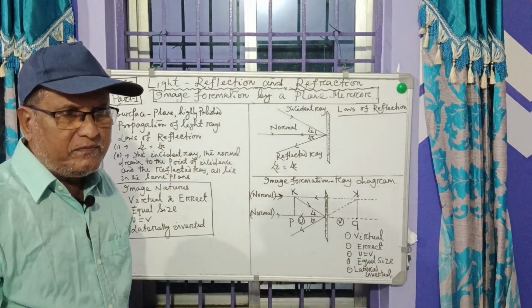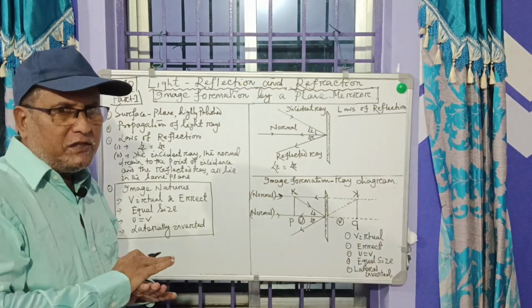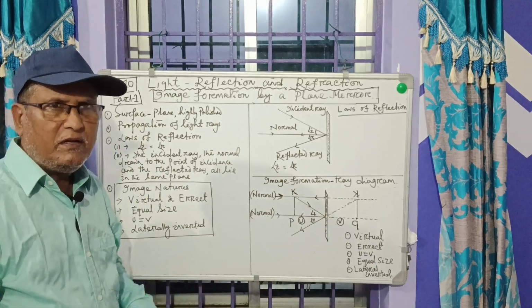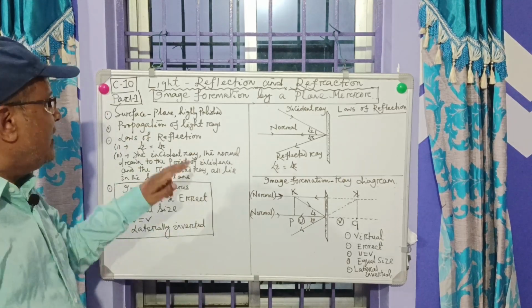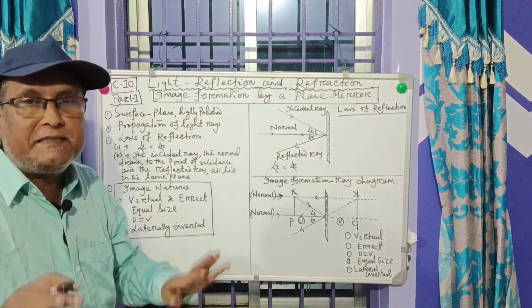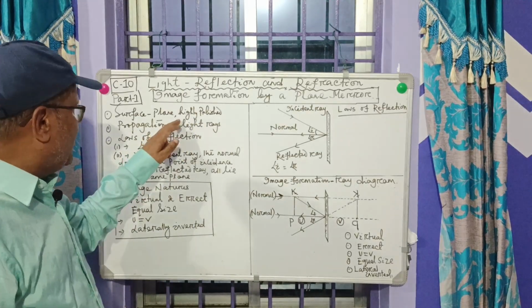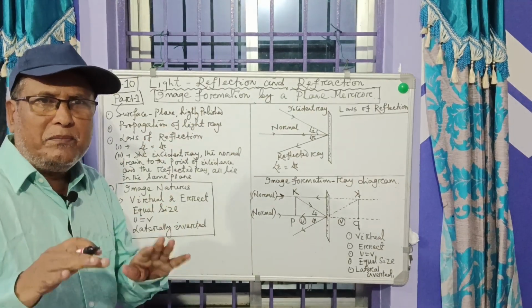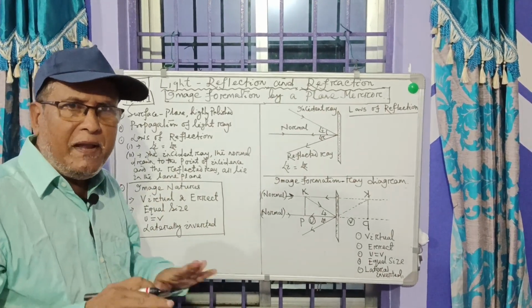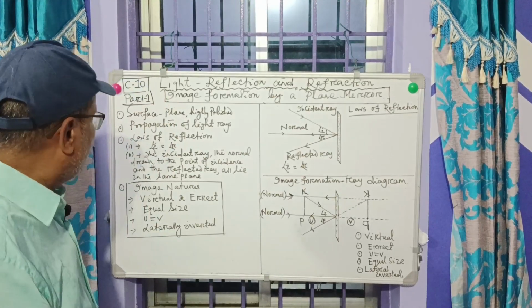What is a plane mirror, or its structure? A plane mirror has a plane surface. The surface is plane, smooth, and highly polished. Highly polished, this is very important. So a plane mirror reflects most of the light rays.